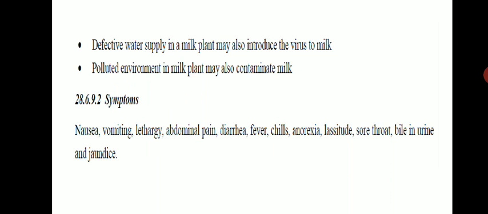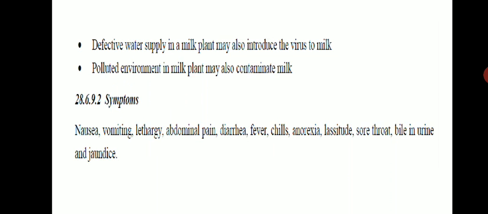Then prevention and control. Proper sanitary conditions should be maintained during production and processing of milk. Again, it is one of the important factors, not only in case of this particular disease, but all diseases. Infected persons should not be allowed to handle milk.